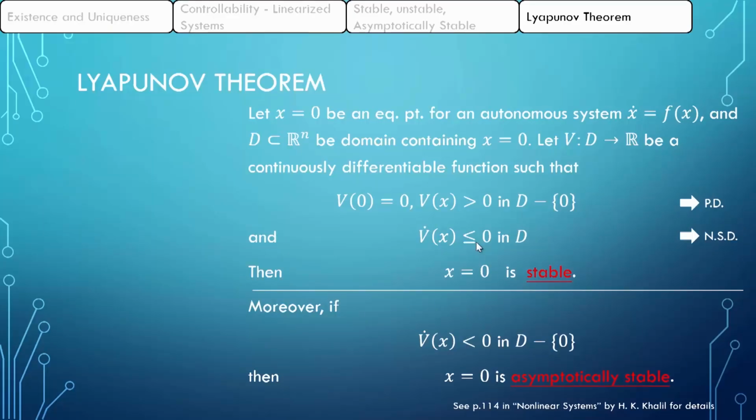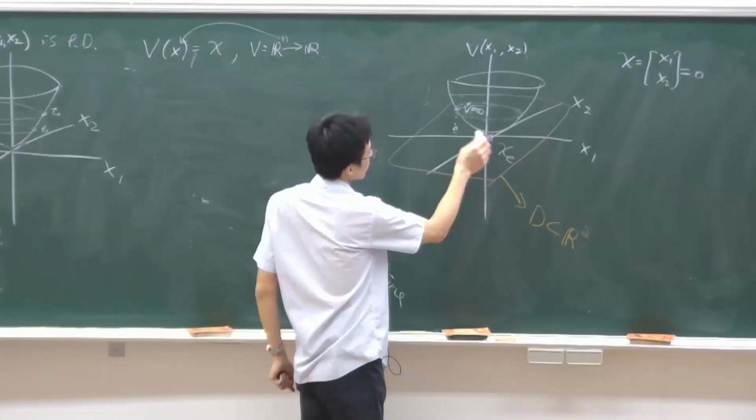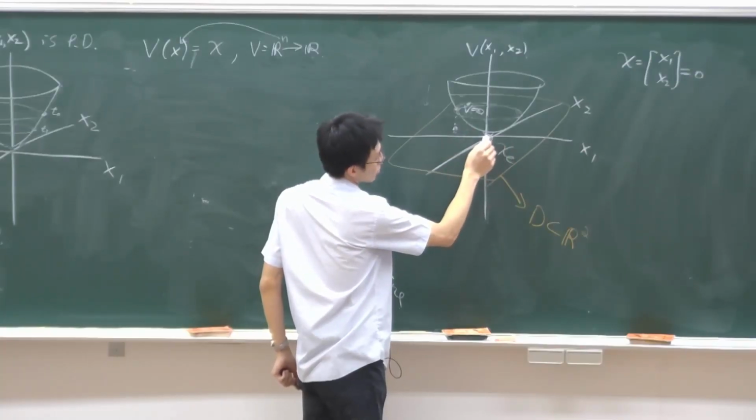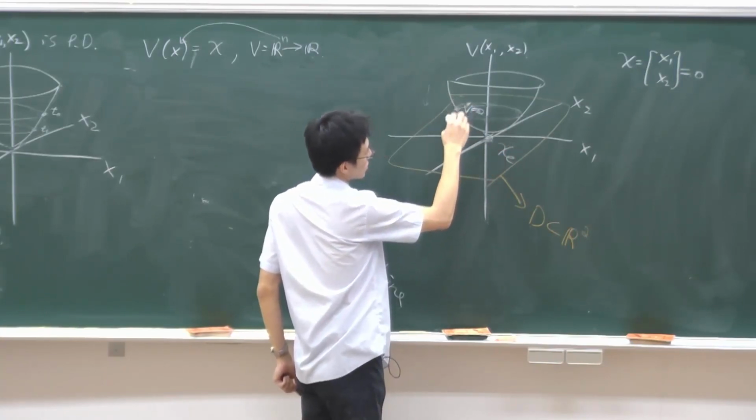But if you can find a condition that V is always decreasing outside the origin, at any point outside the origin, V always decreases.